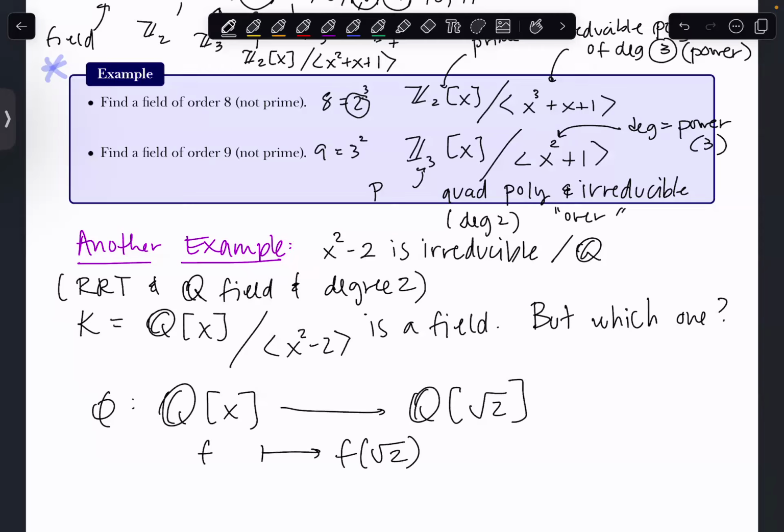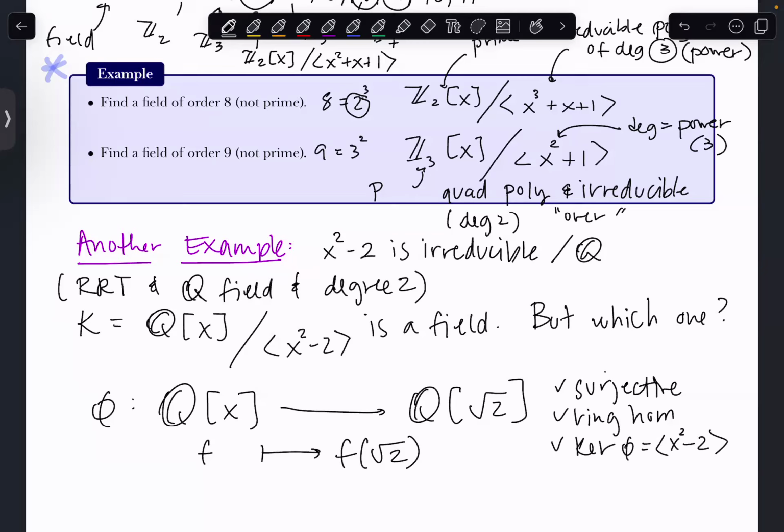Possibly I don't get the whole ring, but you can actually show that this is surjective, a ring homomorphism, and that the kernel is equal to what? X squared minus 2. Okay, I could show no polynomial of degree 0 or 1 is in the kernel. This polynomial is in there.